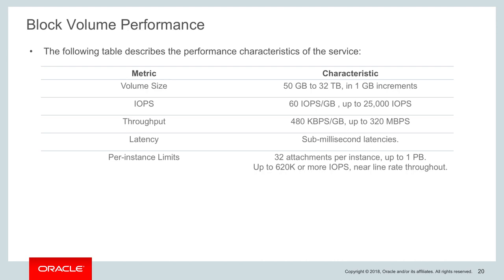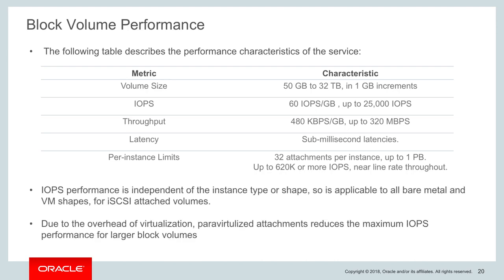And per instance limits: you can have 32 attachments of block volume per instance, so it's going to be up to 1 petabyte of data associated to a single instance.